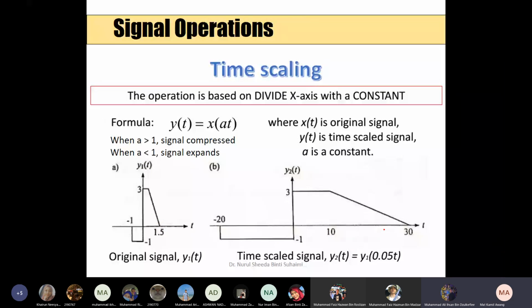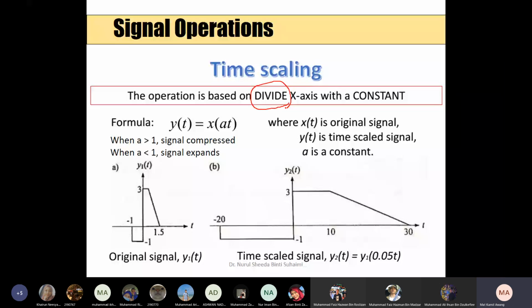Time scaling is based on dividing the x-axis with a constant. Actually, to me, it's either divide or multiply. It's not only divide; it can be multiply. Multiply or divide can be both.